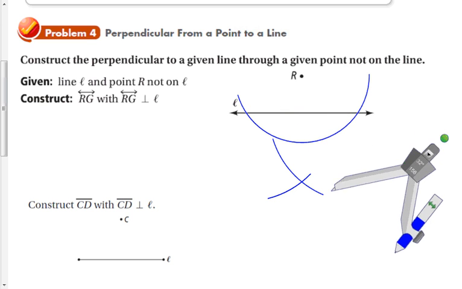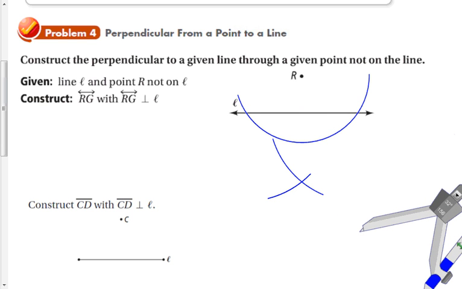And since R is equidistant from this point and this point, and this point out here, which is G now, is, actually we don't want that to be G, but that point is equidistant from this point up here and this point up here again.